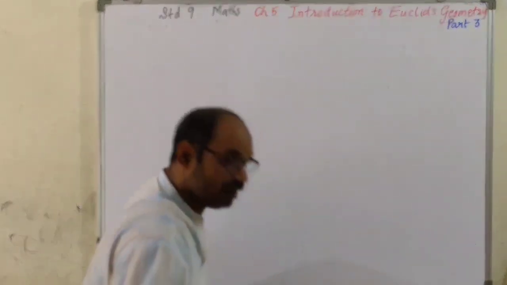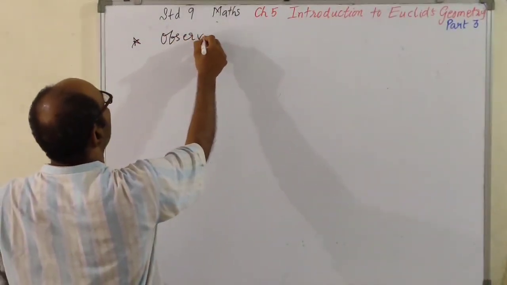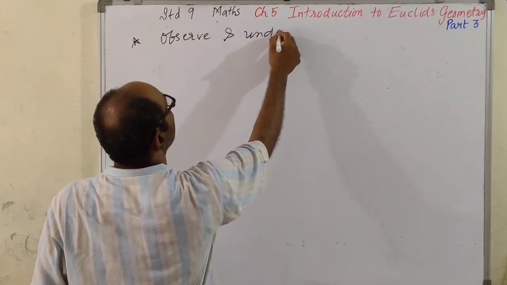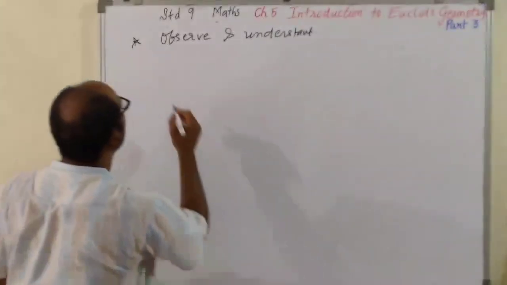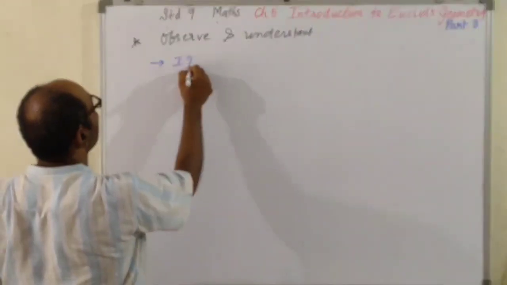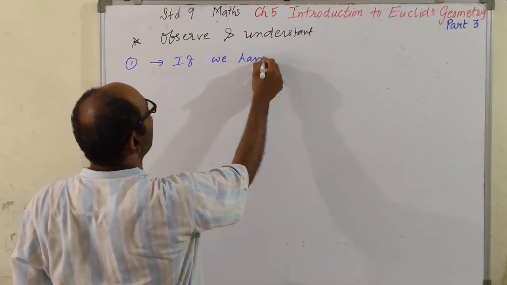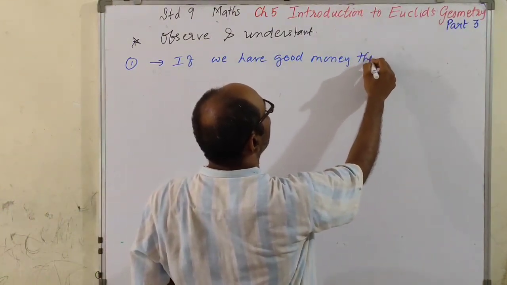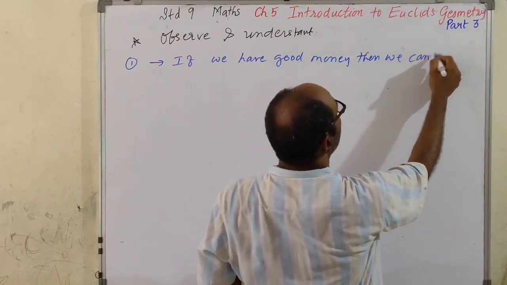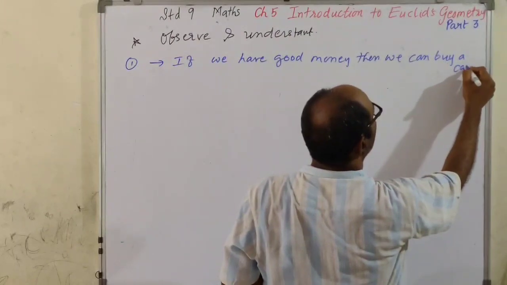Alright, fine. Observe and understand. Observe and understand. First, if we have good money, then we can buy a car.